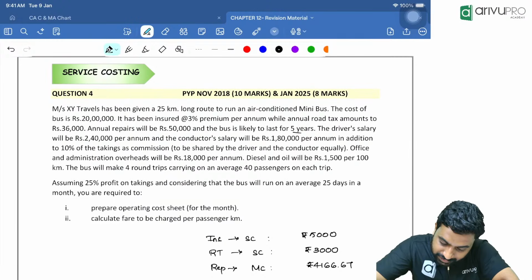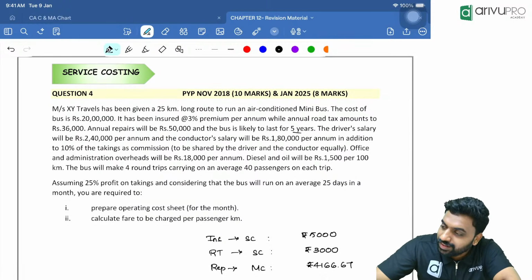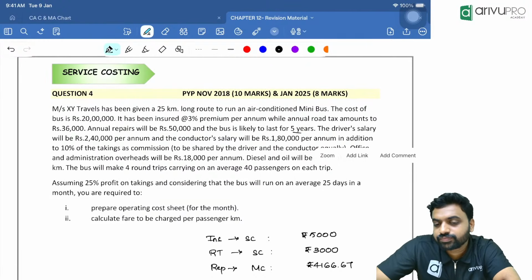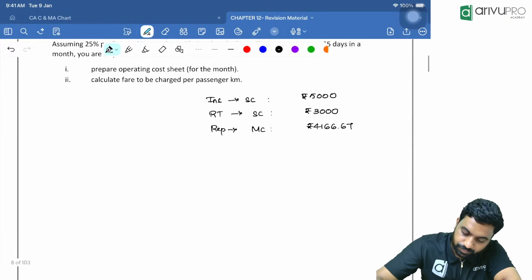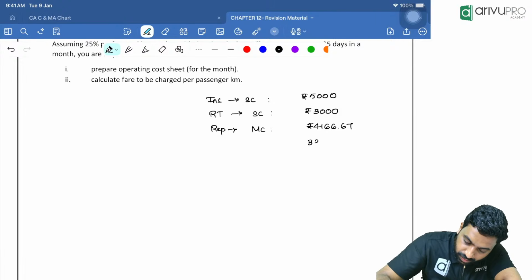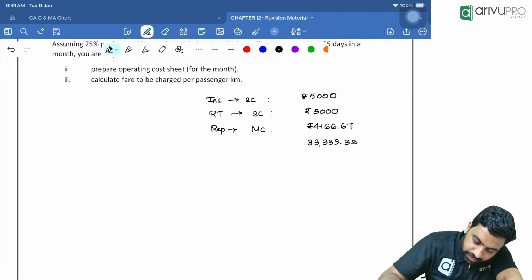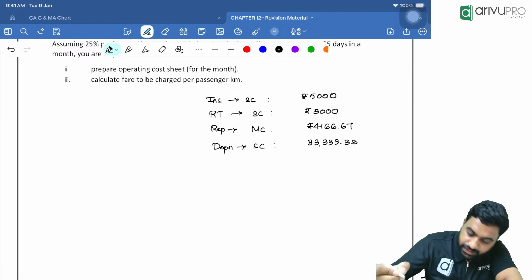Have they told the salvage value anywhere? No. So 20 lakh divided by 5 years, 4 lakh per year would be the depreciation. Per month that is 33,333.33. That will be your depreciation and a standing charge.